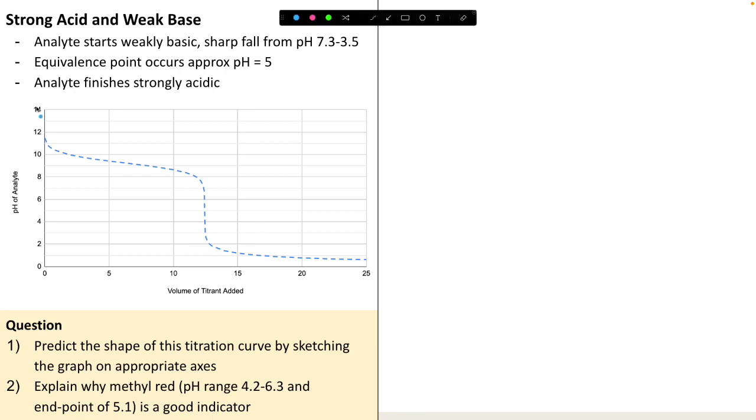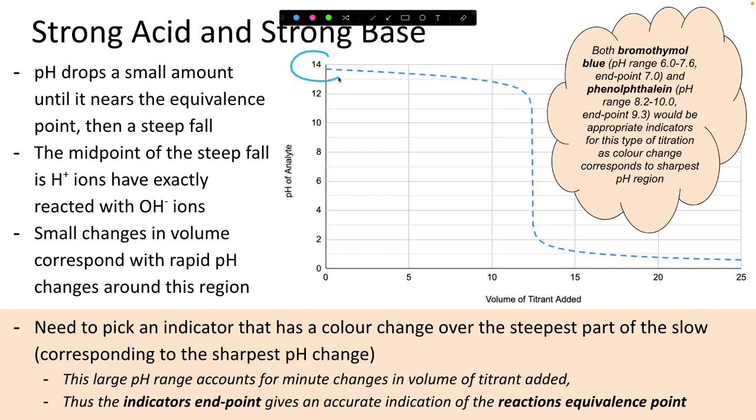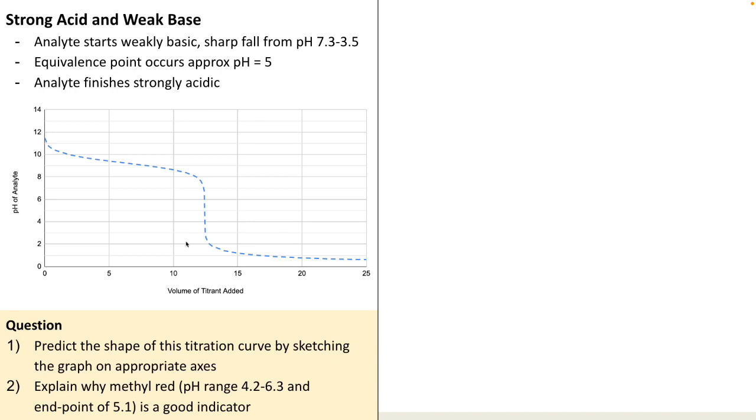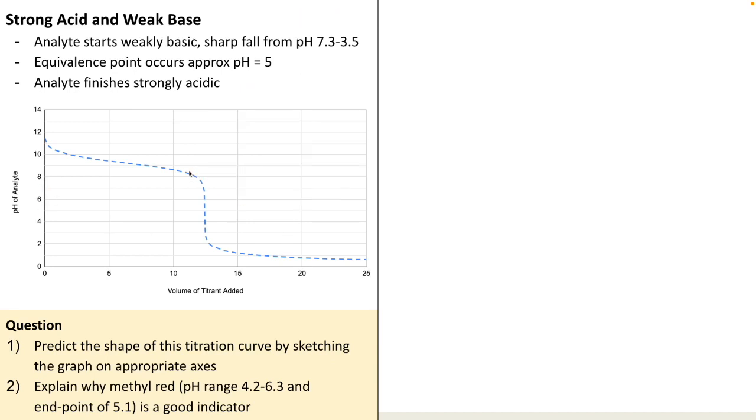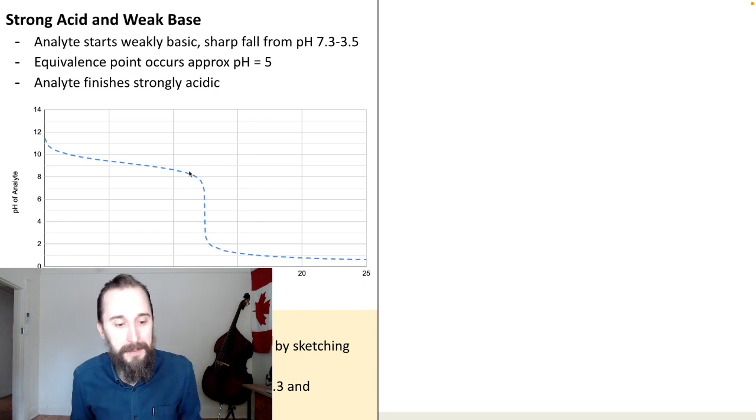So let's have a talk about it. We have the analyte starting off weakly basic. So look, we're up here. We're not right up at the pH of 14 that we had for a strong base. It's weaker, so it's going to be a little bit below that. Still has to be above 7 because it's still basic.